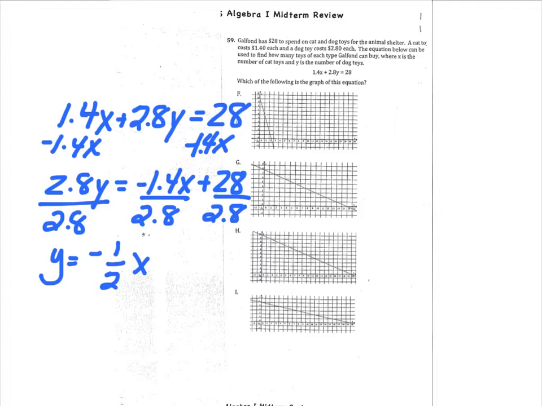The reason I want to leave it in fraction form is because when I look at the graph, I'm going to want to look for a graph that has a rise of 1 and a run of 2. And then 28 divided by 2.8 is 10. So I'm looking now for a slope of negative 1/2 and a y-intercept of 10.